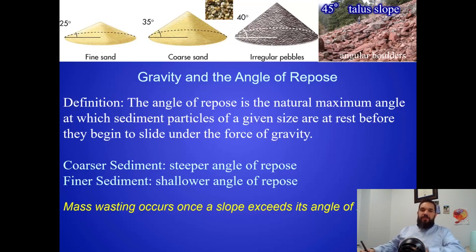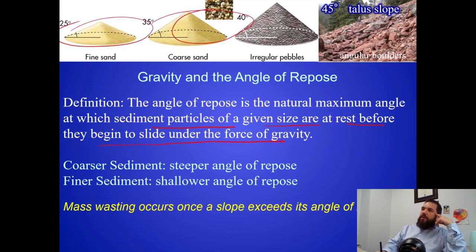I mentioned this a little bit in previous lectures. But the angle of repose, you see the definition up there, is the natural maximum angle at which sediment particles of a given size are at rest before they begin to slide under the force of gravity. So if you start to pour sand into a pile, or coarse sand or pebbles or whatever, they're going to form a cone shape, as you know.